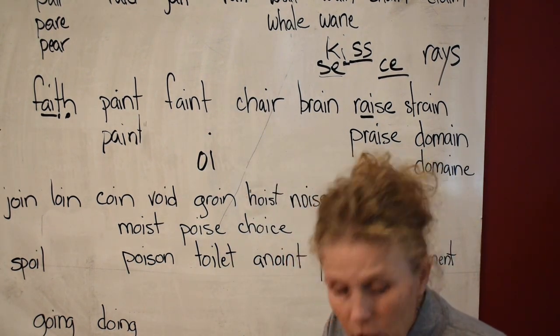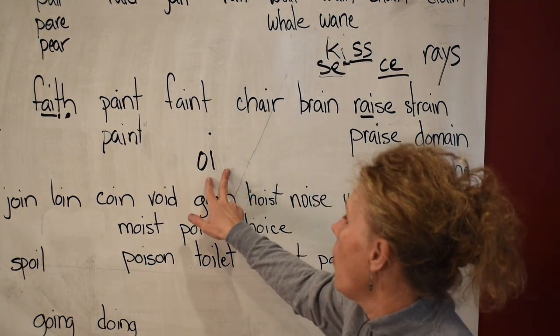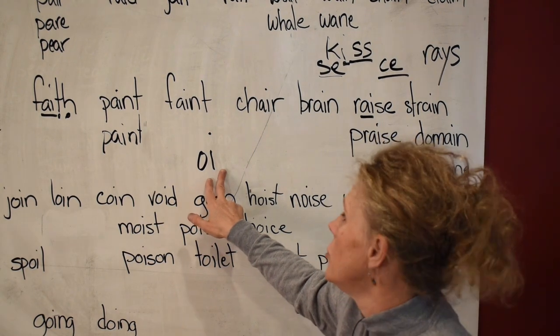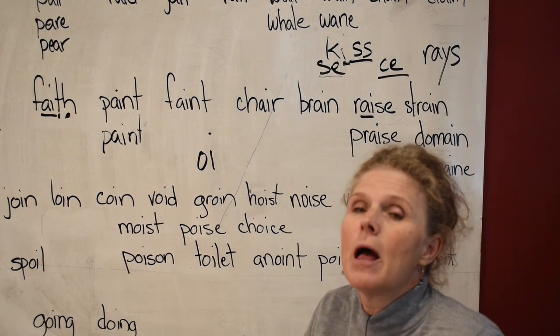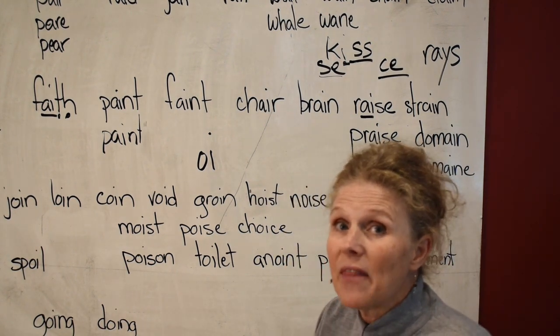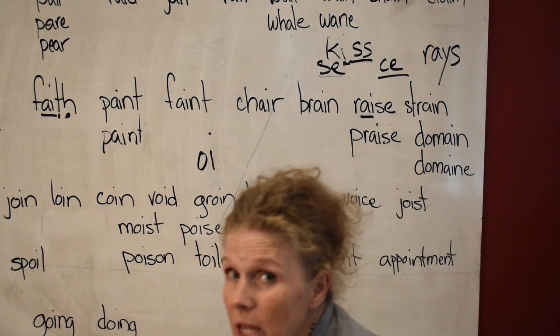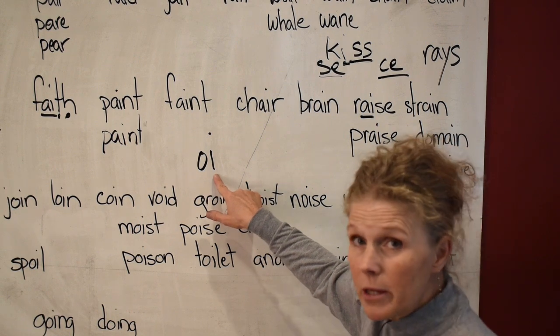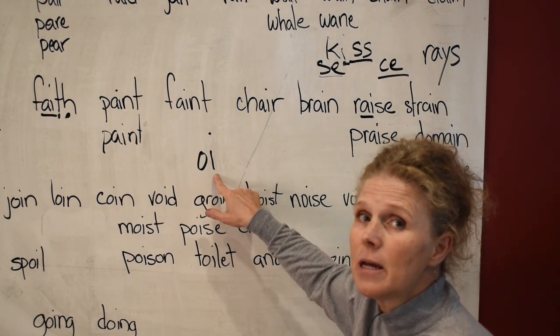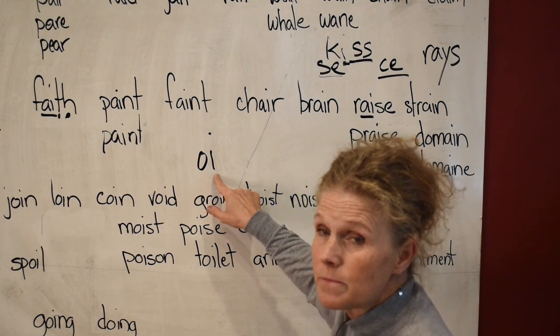OI cannot be at the end of words. Why? You want OI in the middle of a word. Why can't we spell OI at the end? It's because I's are not allowed at the end of English words. Say it again. I's are not allowed at the end of the English language. Okay?